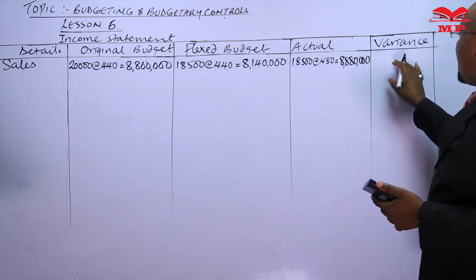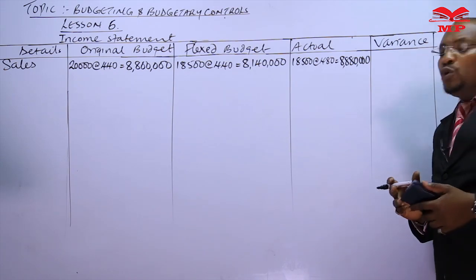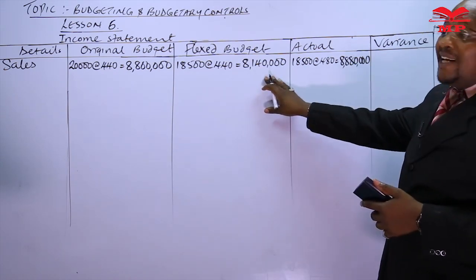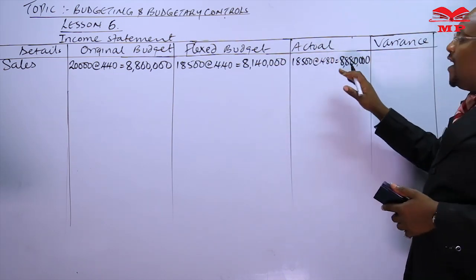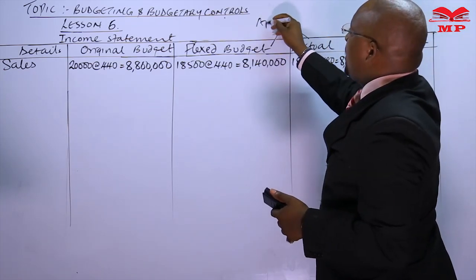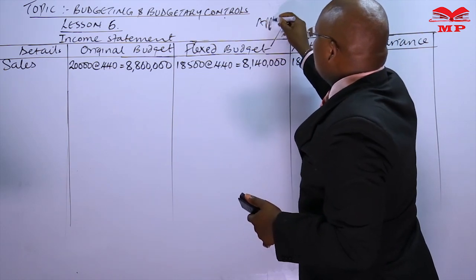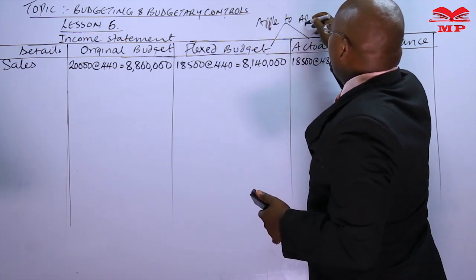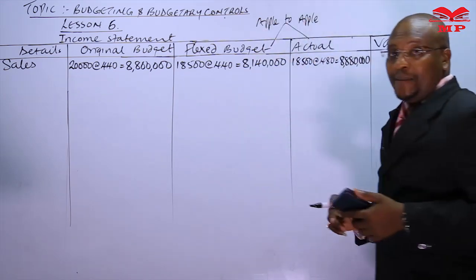This variance column is just to understand the difference between what we expected for that level of 18,500 and the actual for the same level of 18,500. This is what we call apple to apple comparison.